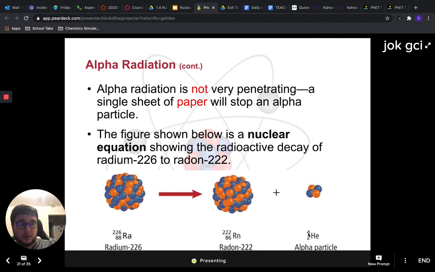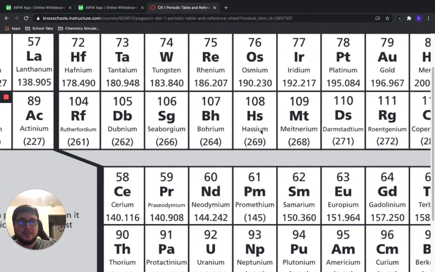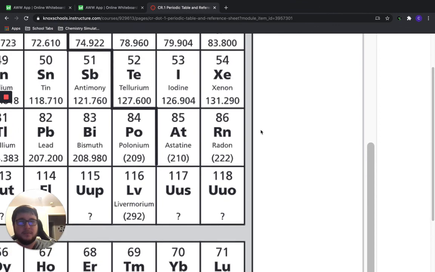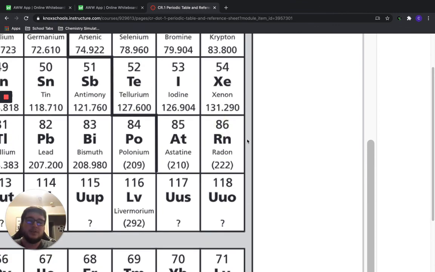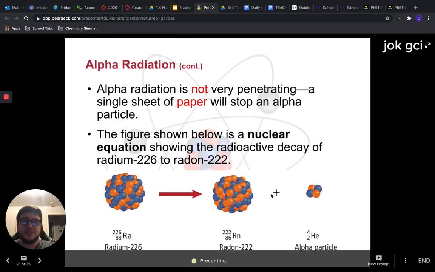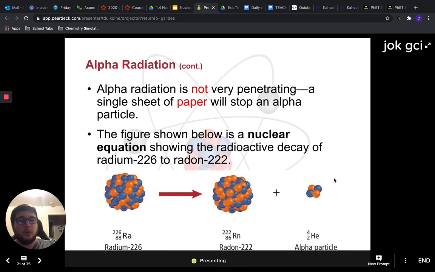It's a helium nucleus. Since I lost 2 protons, now I'm down to 86, and my new element is radon. I lost 4 total nuclear particles, so my mass number goes from 226 to 222.